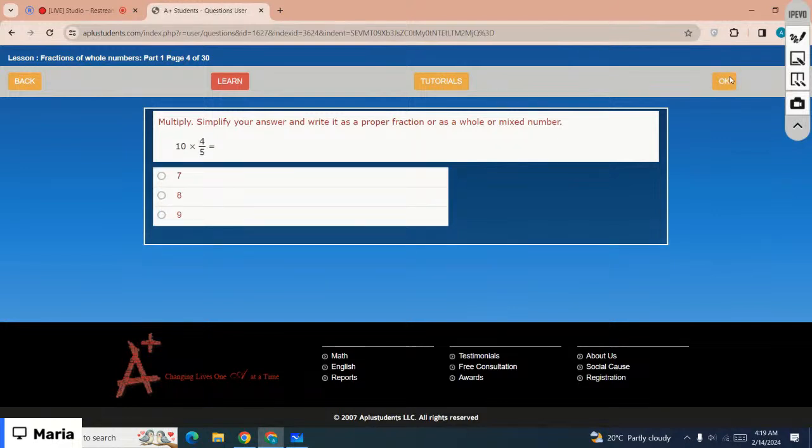The next one is multiply. 10 times 4 over 5, which is the correct option?